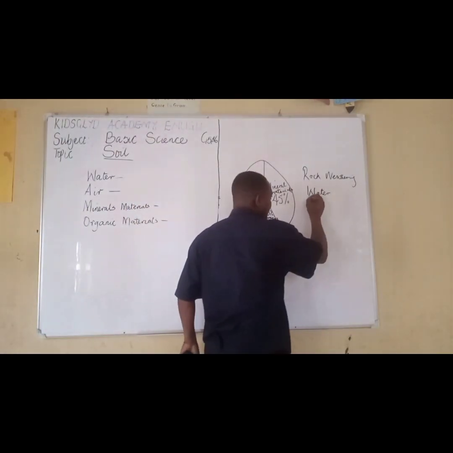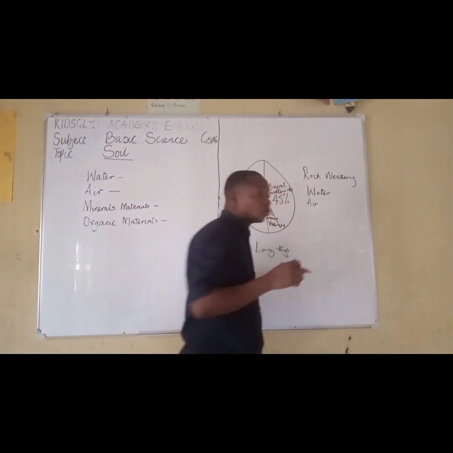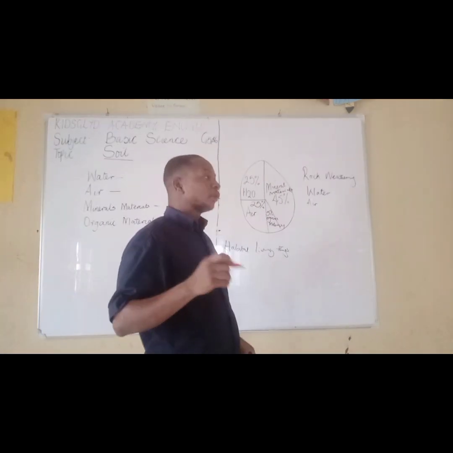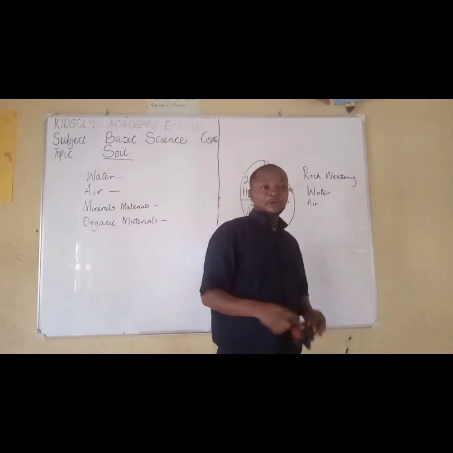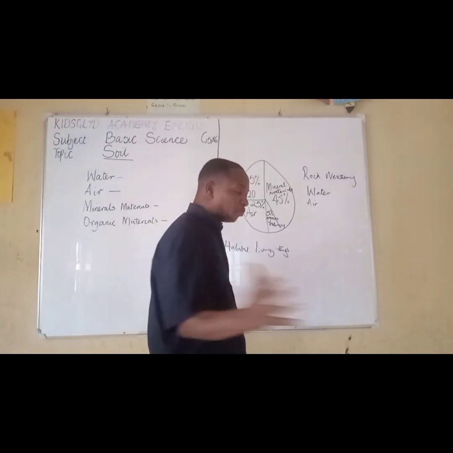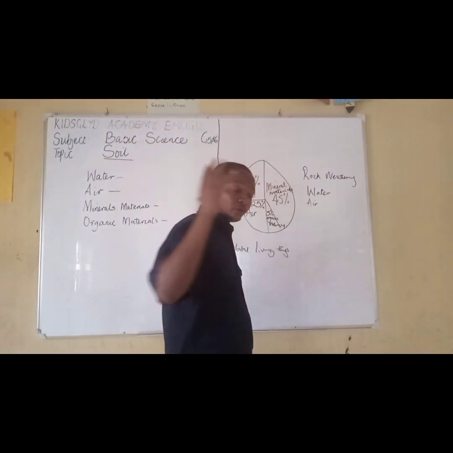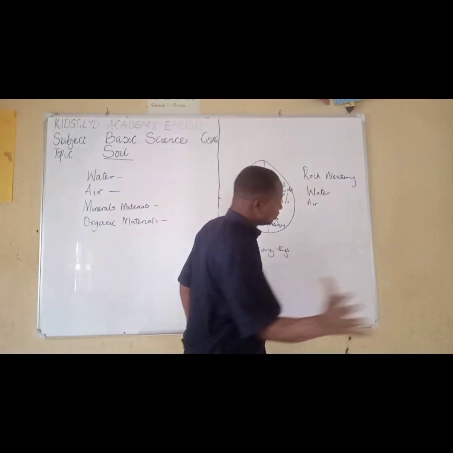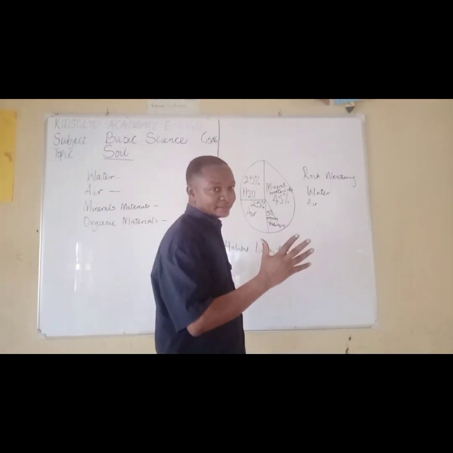Another one is air. Air is also an agent of soil formation, because when the rock breaks down and there's heavy air blowing or breeze, it will blow it off to another place.